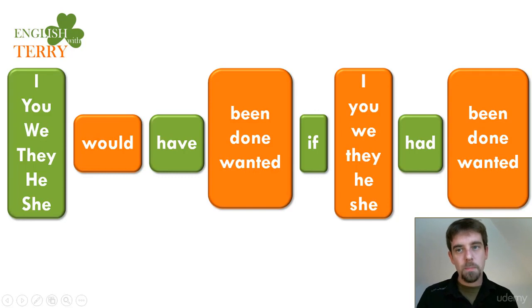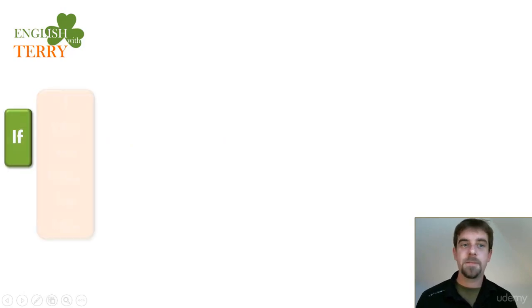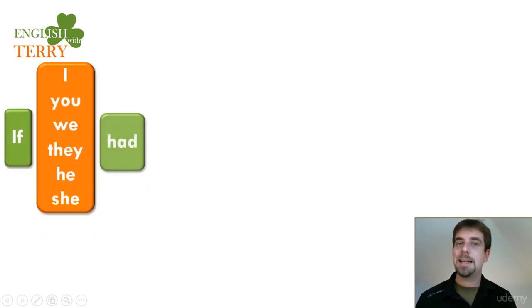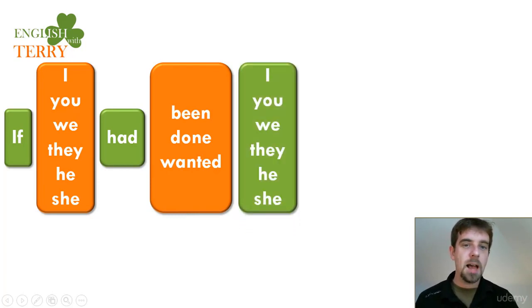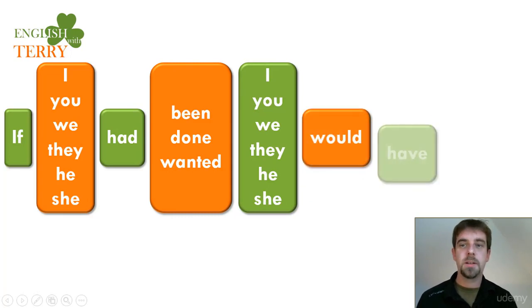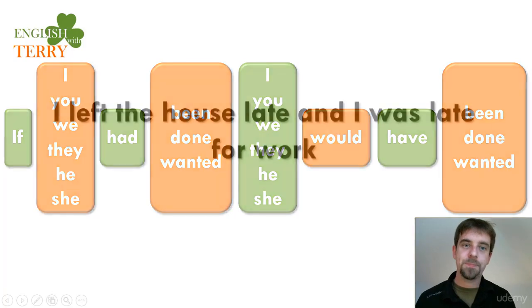Now, this is the form, but we can easily have a different order. If I, we, they had, and past participle. So previously it was in a different order, and now we can just change the order. All the ingredients in a different order. I, we, they would have, past participle, right? So these are the essential ingredients, and they can move around, all right?